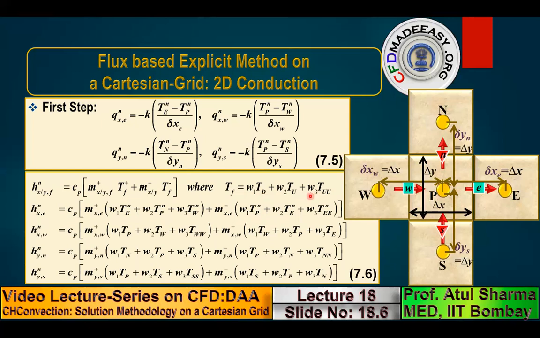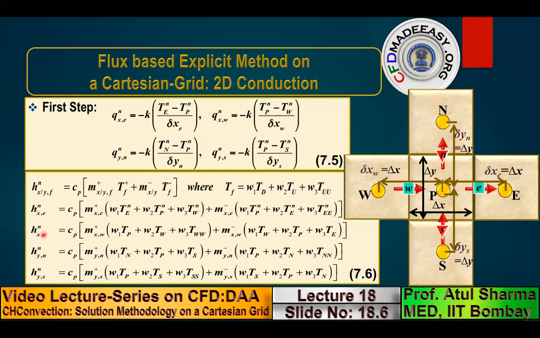In the previous lecture, the values of these weights were presented for the various advection schemes. For a first order upwind scheme, W1 and W3 are equal to 0 and W2 is equal to 1. So when you substitute the appropriate values of T, to get this expression, you have to substitute TE plus and TE minus using this expression.